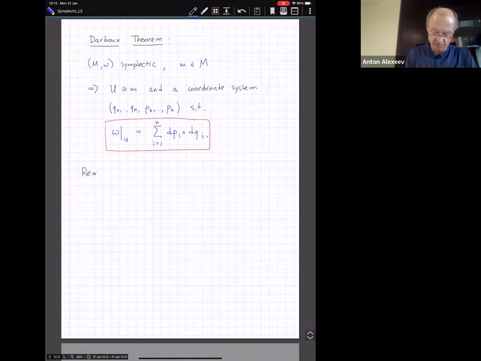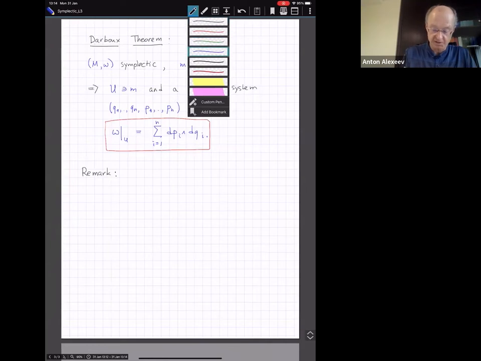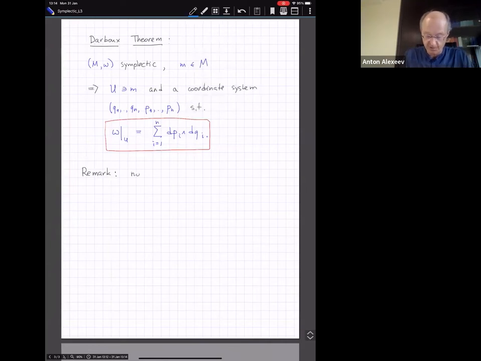Even if you already know it, maybe it's still good to talk about it a little bit. If you have never seen it, that's probably the most important statement in symplectic geometry. What it says is that symplectic manifolds don't have any local invariants, right? If you know the dimension, they all look the same.